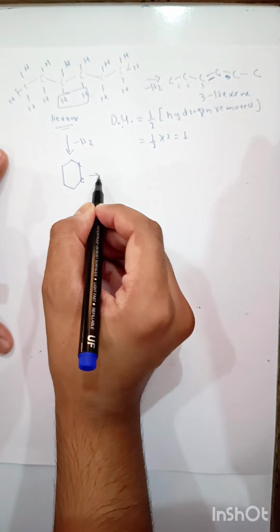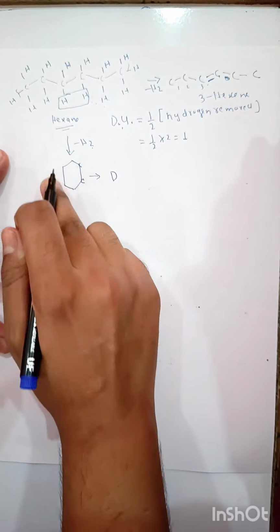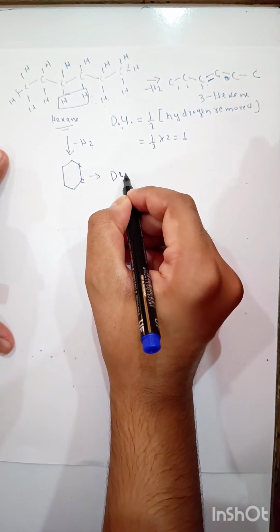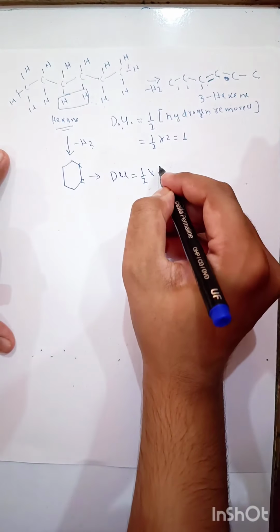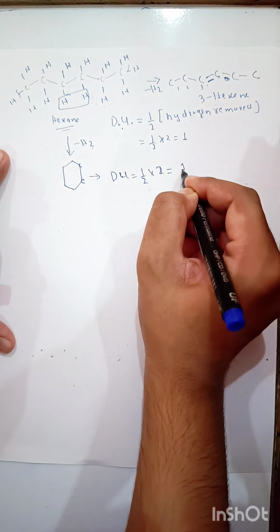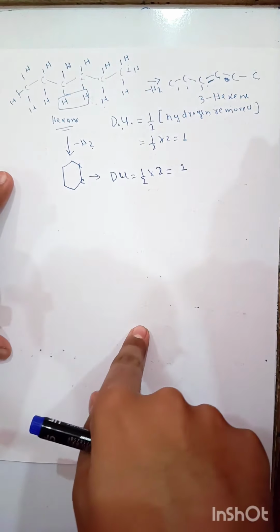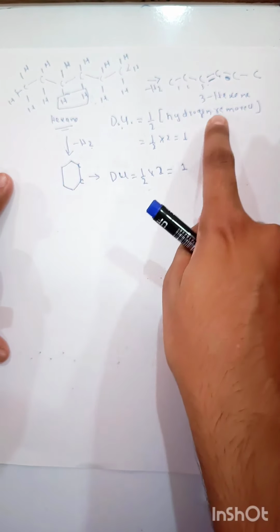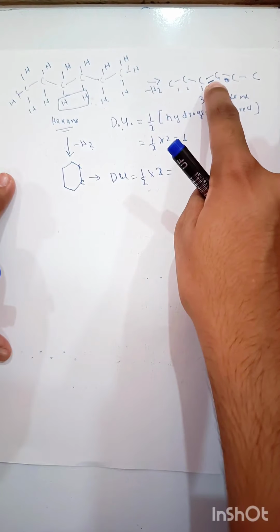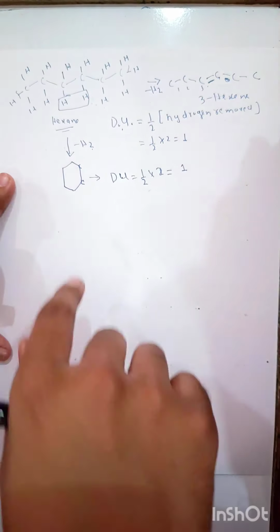Since we have again removed 2H, and we have to find the DU of this structure, DU will be half the number of hydrogens removed. So again we have removed 2H, half into 2, that means 1. So one ring has a DU of 1, and one pi bond, which was created earlier, also has a DU of 1.